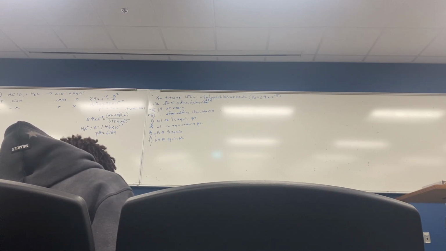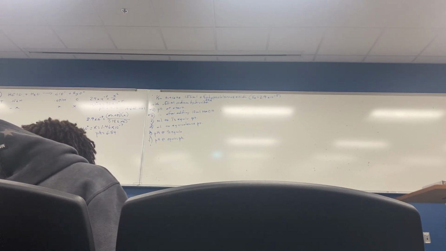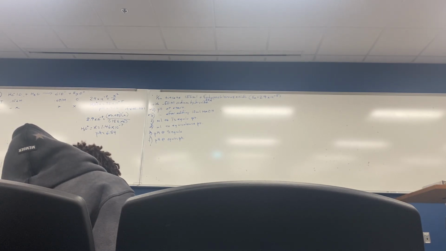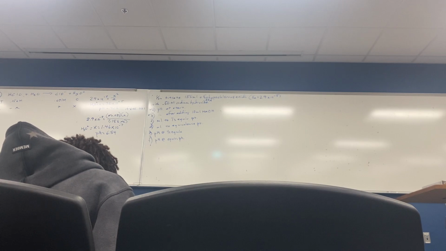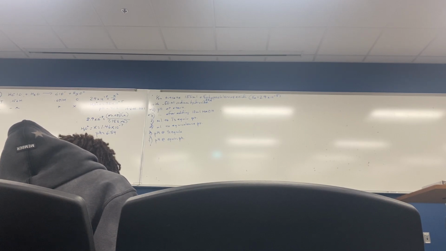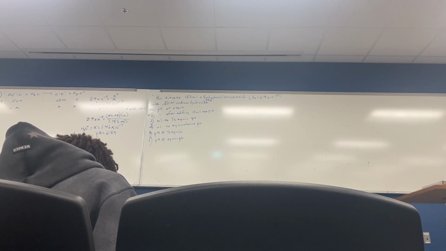It's halfway to the equivalence point. It's where the NaOH is half as big as the HClO, right? Because if they were the same value, we'd be done. If we're halfway to done, that's where we are.